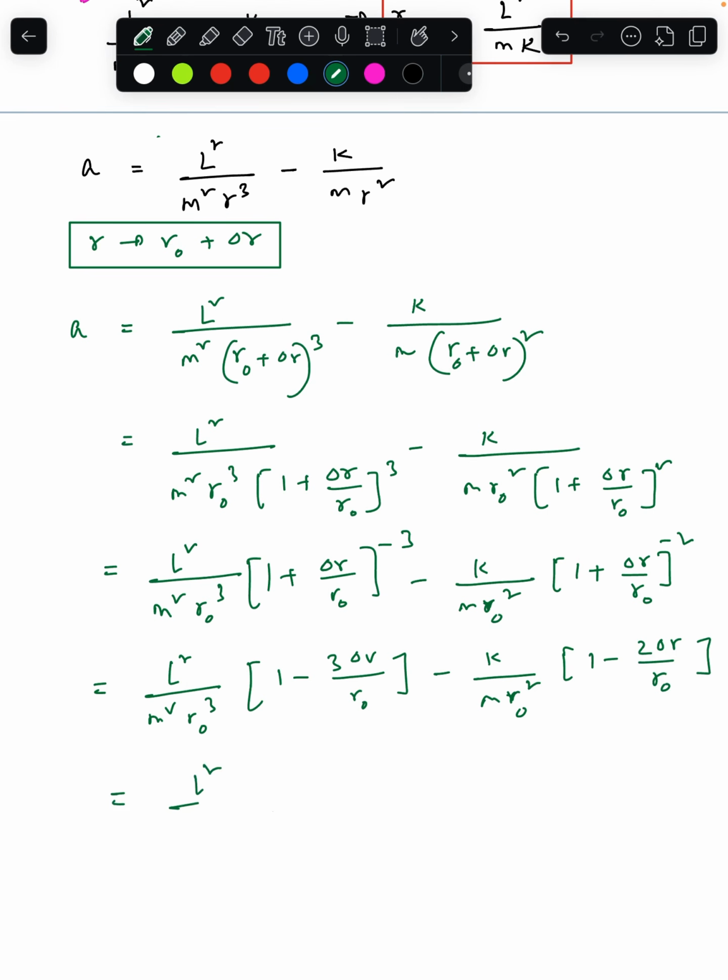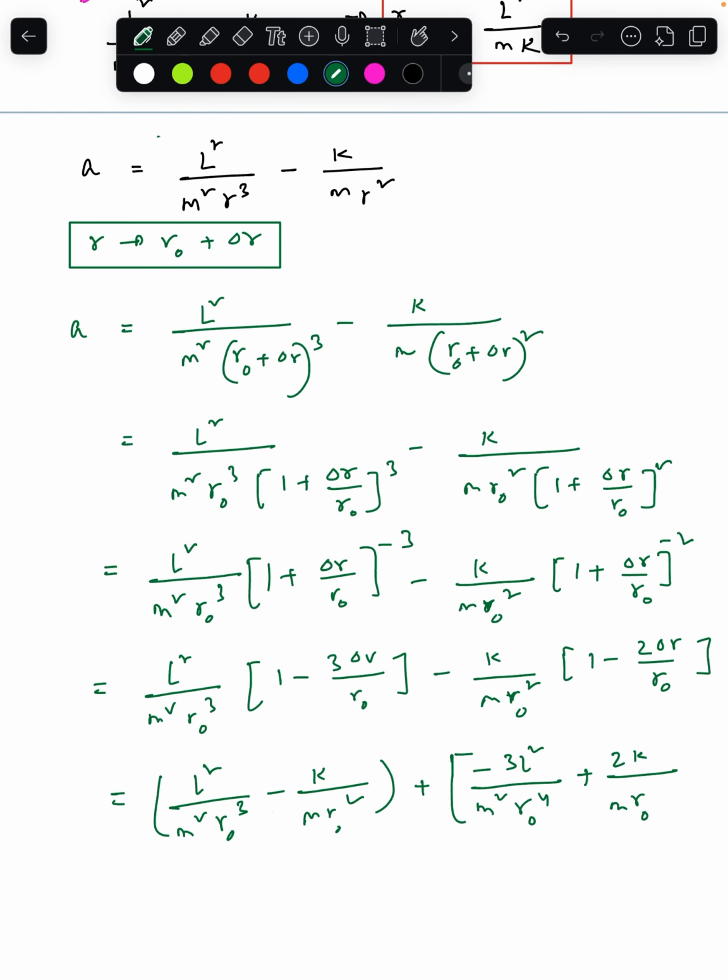Rearranging the terms, L square by m square r naught cube minus k by m r naught square, plus, inside the bracket we are going to get minus 3L square by m square r naught to the power 4 plus 2k by m r naught cube, into delta r.